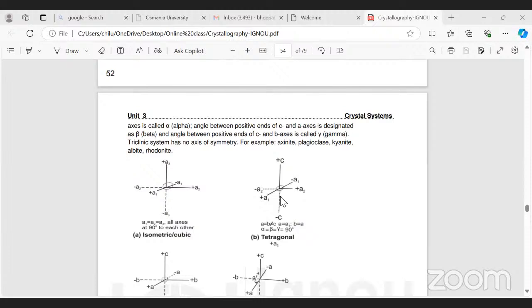The axis lengths are A, B, C, and alpha, beta, gamma are the inclinations of the angles at the center point of the crystal. They are 90 degrees because the three axes intersect internally at 90 degrees. Here are some examples for this.